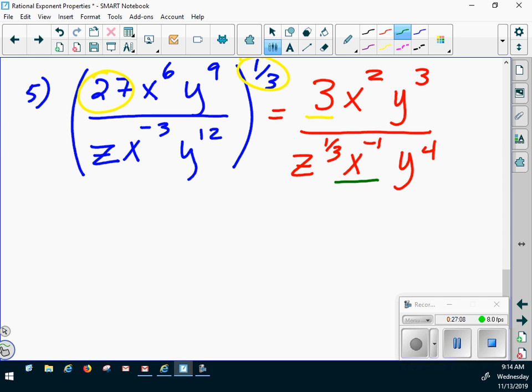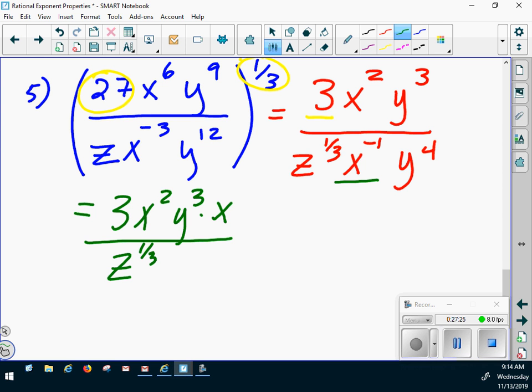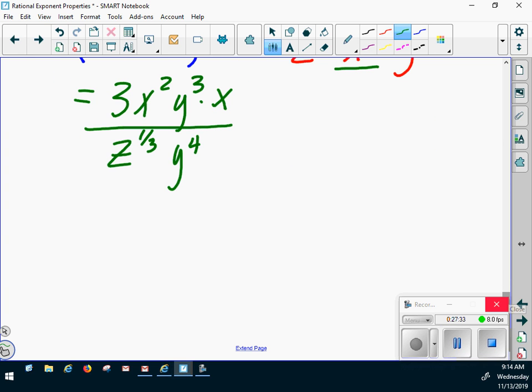So that's going to be 3x squared y cubed times x to the first over z to the 1/3 times... So would you combine the 3x and the x? 3x squared and x? I'm going to combine what's x squared times x. So that's going to be 3x cubed.